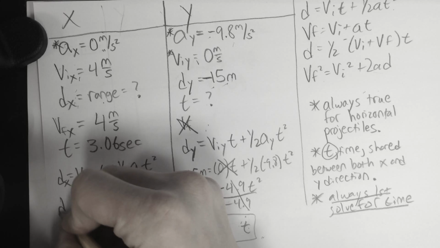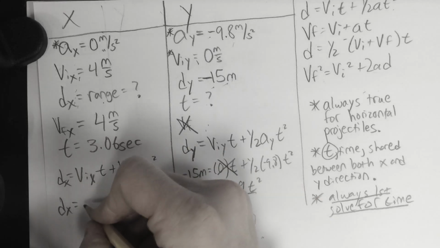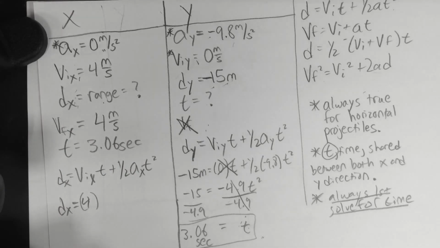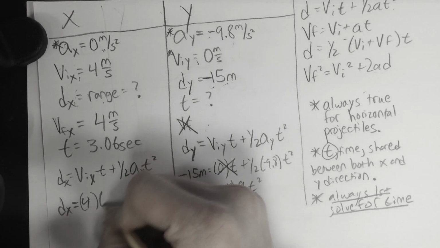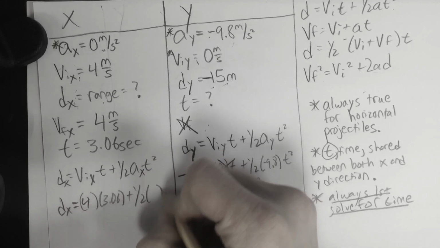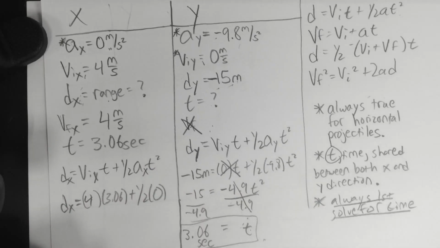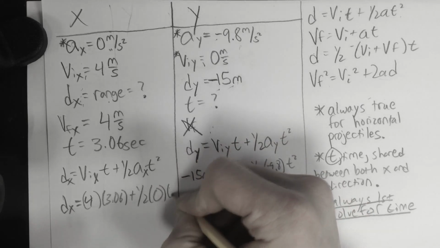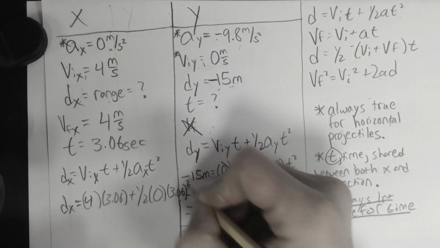So let's solve for dx and finish the problem. dx equals vix, that was given in the problem, times t, which we just found, plus a half ax, oh, there's no acceleration in the x direction. Huh, that makes it easy. Times 3.06 squared.